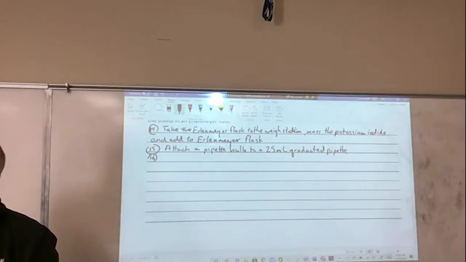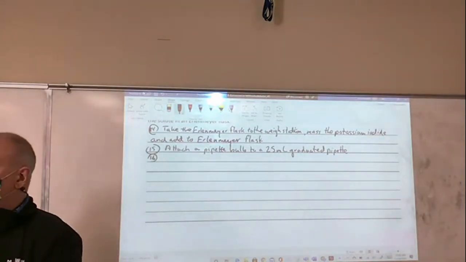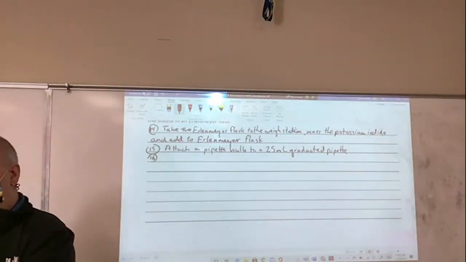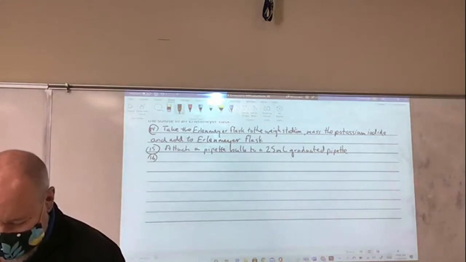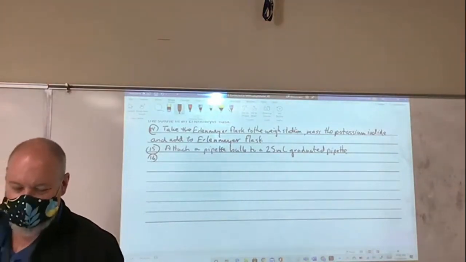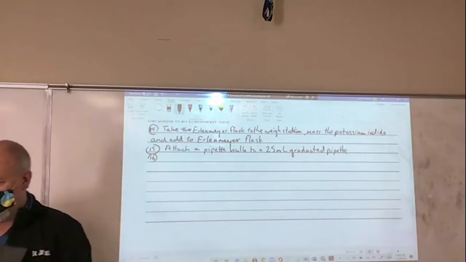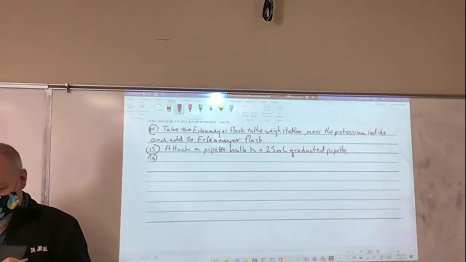Okay, so what would be a word that would describe the expulsion of air from this apparatus? Squeeze the main body of the pipette bulb while pressing one of the valves to expel air from the apparatus.